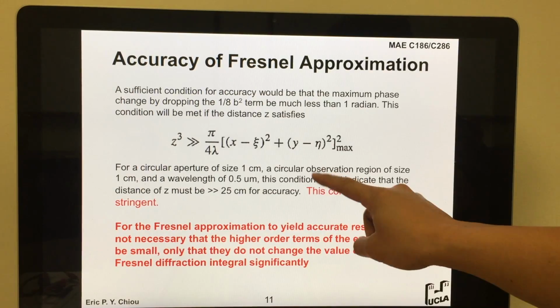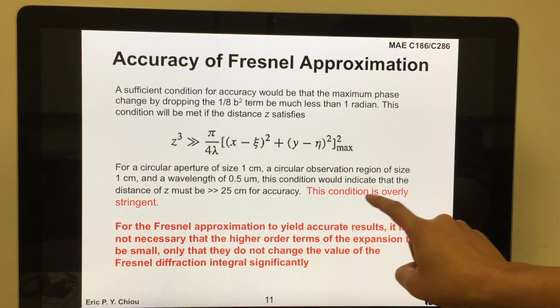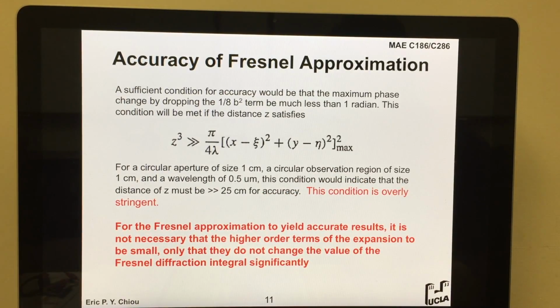However, this condition is very tight, and in fact, what we found is that you can get a very good approximation by using the Fresnel integral to calculate the true light intensity distribution after the aperture, even when the distance you want to detect is very close to the object plane.